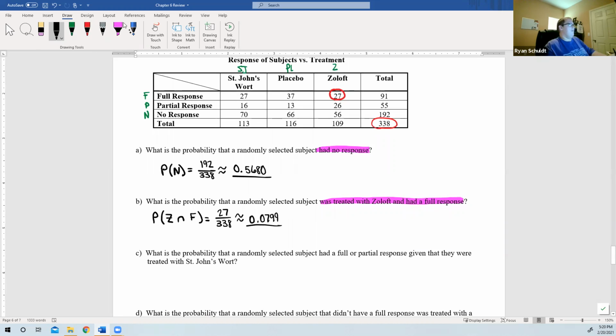Let's see about C. What's the probability that a randomly selected subject had a full or partial response given they were treated with St. John's?